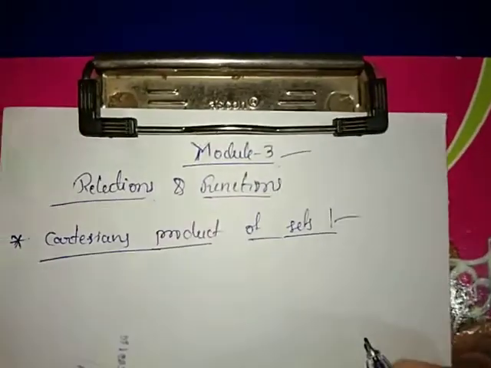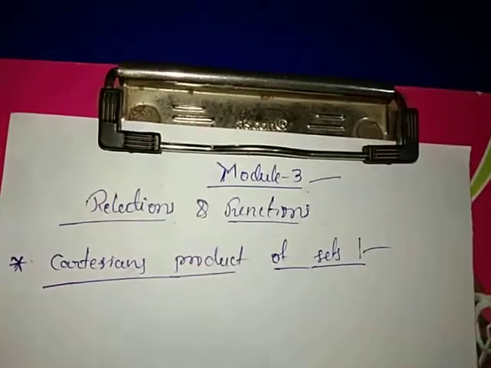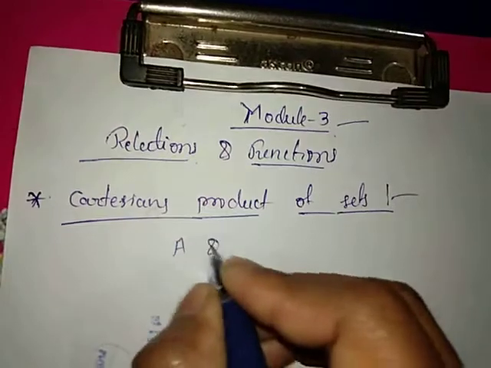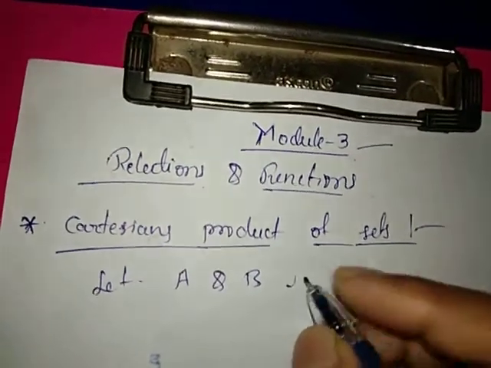As we already know, a set is a well-defined collection of objects. Cartesian product of sets means, suppose A and B are two sets.